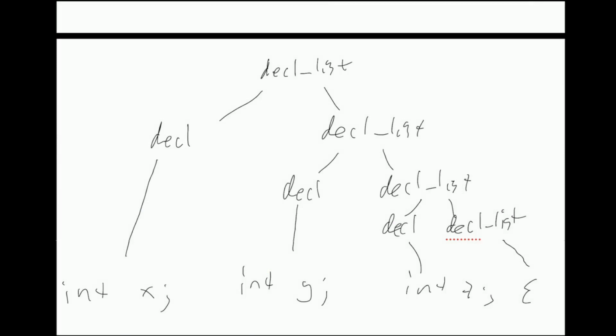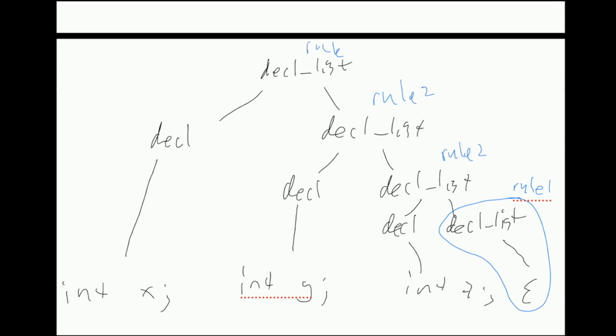So this declaration list is matching the other production rule. There are two production rules: this is rule 1, and these are all the rule 2 that we had. We had 2 rules for declaration list. Even though they have the same name, there are different ways to match that same construct.